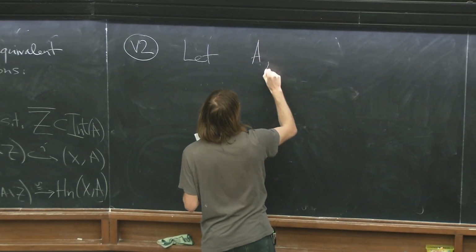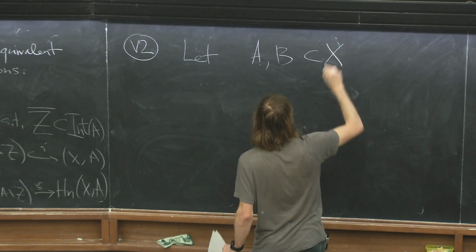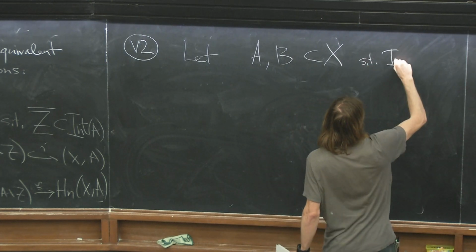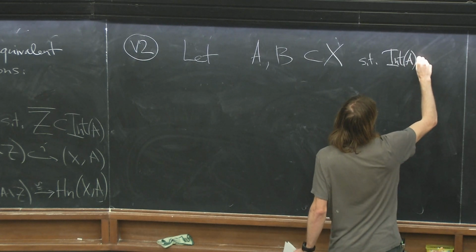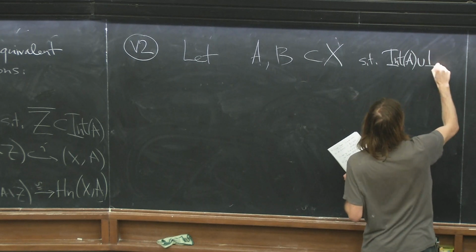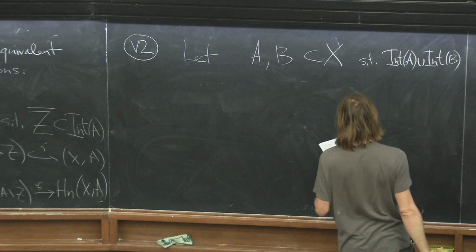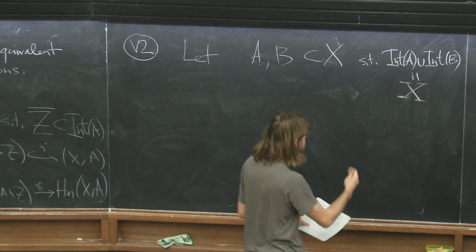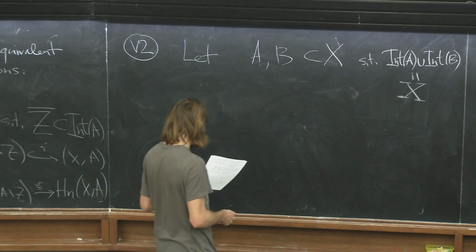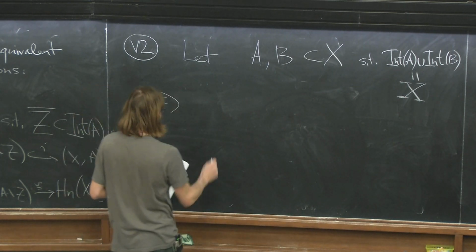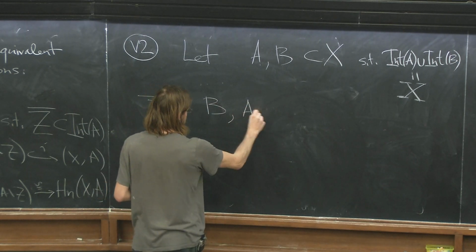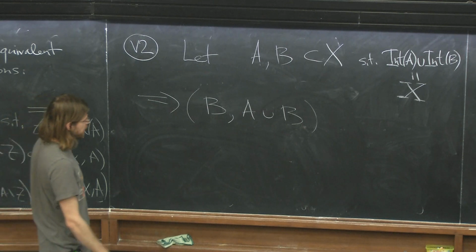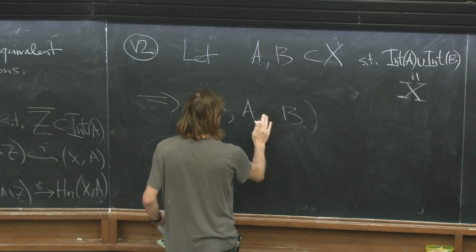Let A and B be a pair of subspaces in X such that they satisfy the following property: the interior of A united with the interior of B gives me the whole X. That is, the interiors of these subspaces should cover X. And then we consider the pair B and the subspace A intersected with B inside.